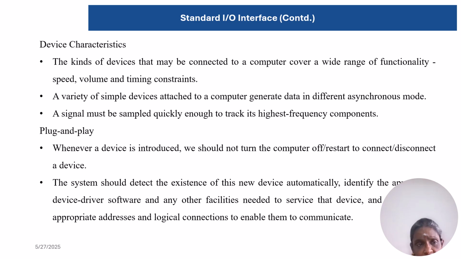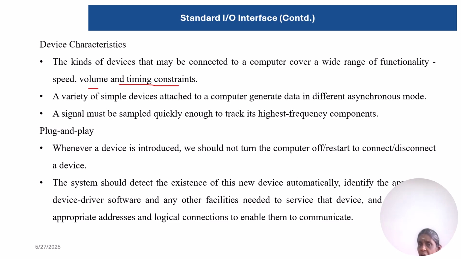Now the device characteristics. The kinds of devices that may be connected to a computer cover a wide range of functionality. So what are they? Number one, speed. Devices means IO peripherals, and they differ completely from the processor. The main characteristics to be considered are speed, volume and timing constraints, and second, variety.